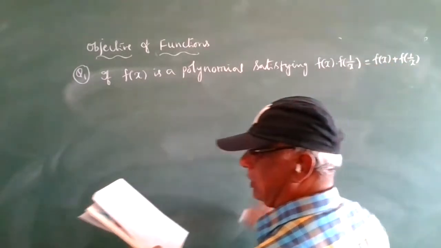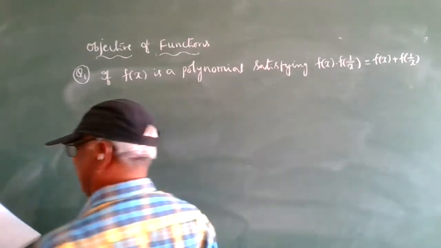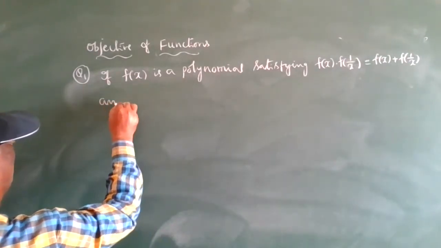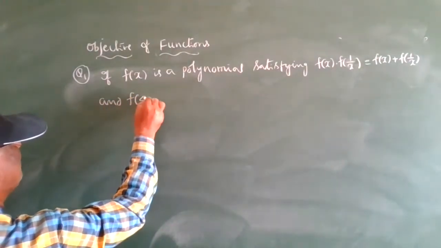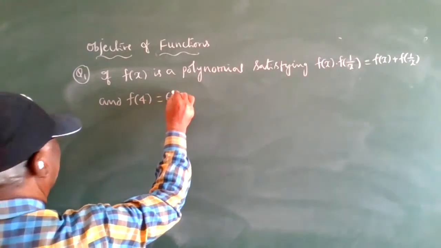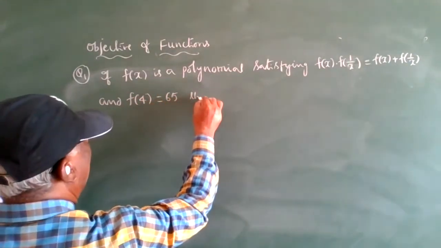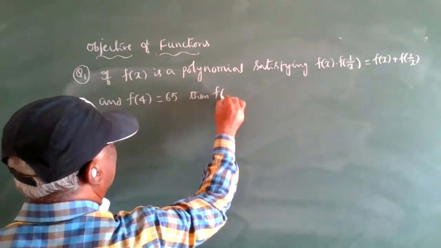This is a reciprocal formula. And f of 4 is equal to 65. Then f of 6 value is.